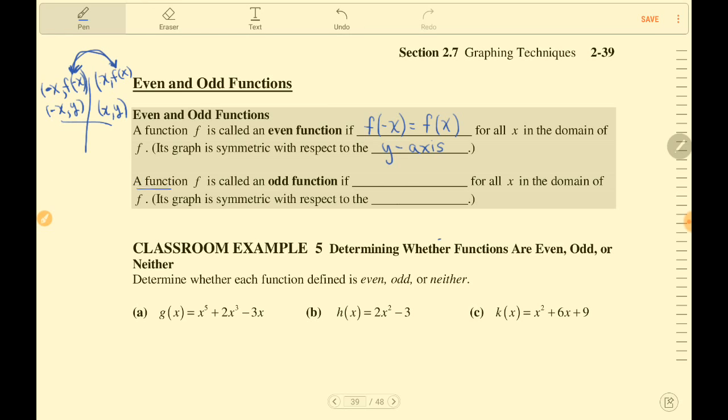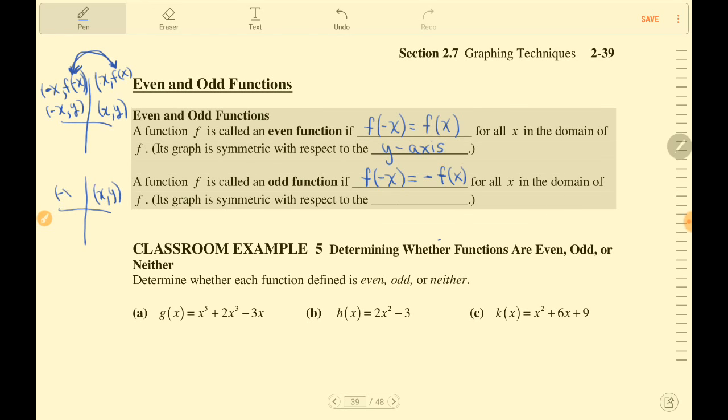Then the next part says, a function f is called odd if, when we plug in a negative x, or if we change the sign of x, or if we try to move across the y-axis, then we also have to move across the x-axis so that the y value also becomes a negative, or a different sign. So what does that look like? That looks like we have x, comma, y, and then when we try to do negative x over here, we do not get the same vertical location.